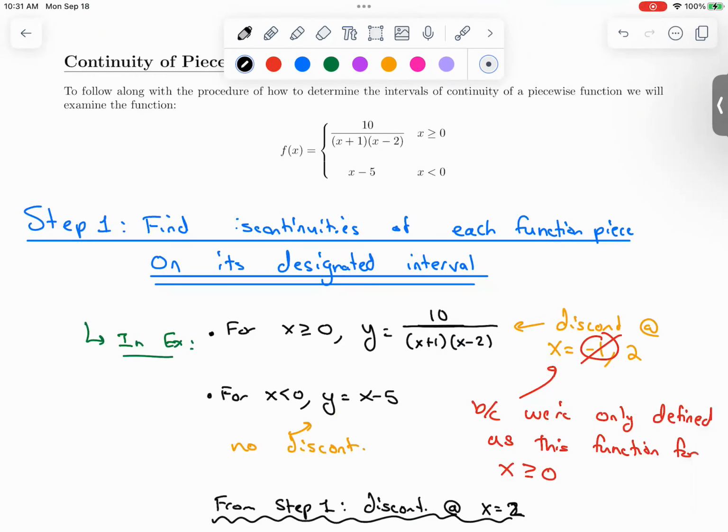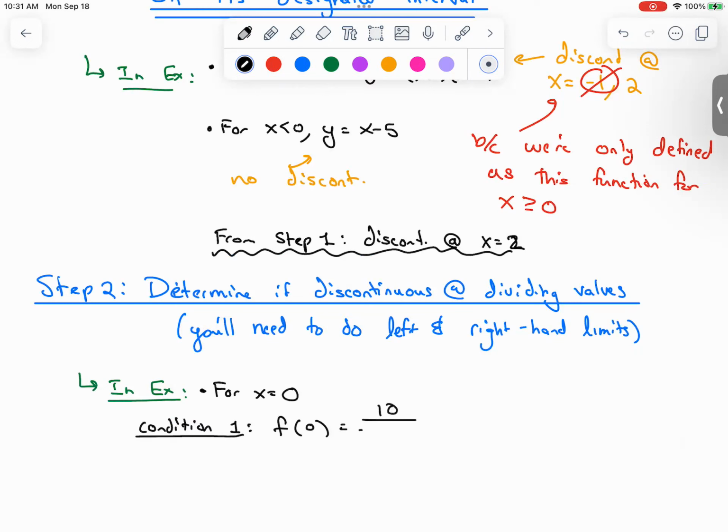First one, that's right, because the first one is the one that's defined for x values greater than or equal to 0. So f of 0 equals 10 divided by 0 plus 1 times 0 minus 2. That'll be 10 divided by -2, or -5. So f of 0 exists.